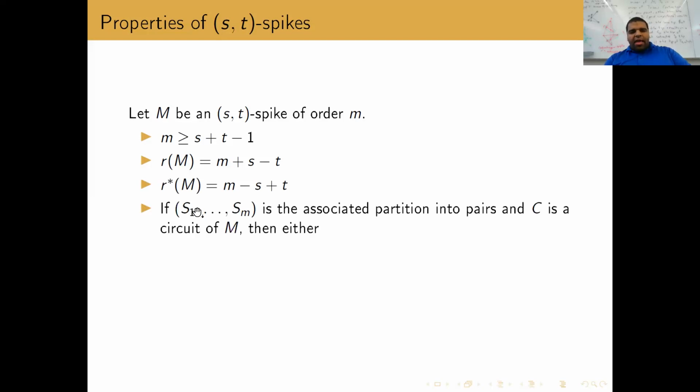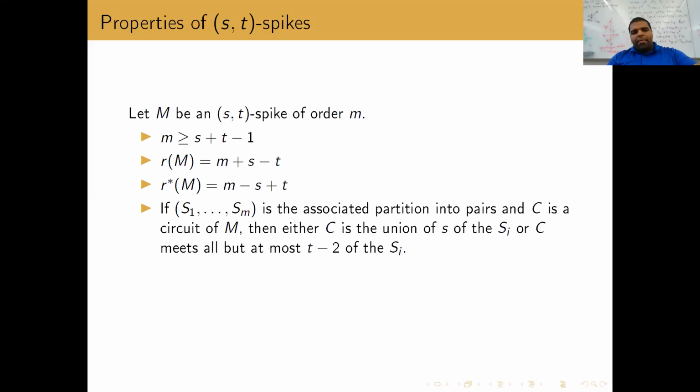All right, and if I have my partition into pairs, the partition of the entire ground set into pairs, 1 to SM, and if C is a circuit of that matroid, then of course we know that any S pairs form a circuit. So C is either the union of S of these pairs, or there are other circuits that could come.